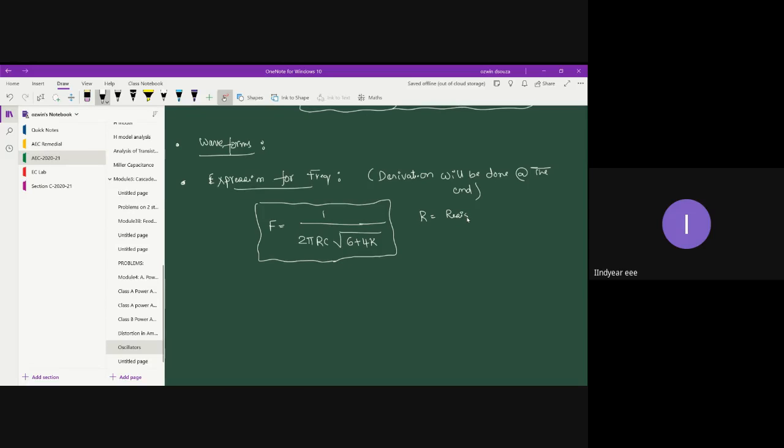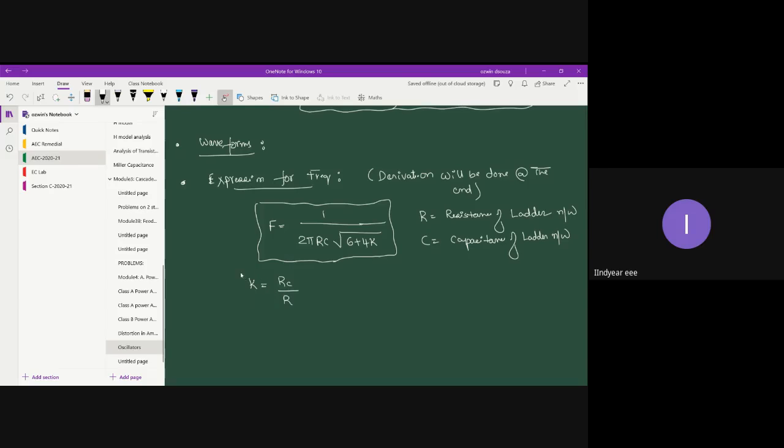So this is the expression for frequency of RC phase shift oscillator, where R is the resistance of the ladder network. What is the ladder network? The feedback network. C is the capacitance of the ladder network, and k is the ratio of RC by R, taken as a constant value k, because ohm by ohm is dimensionless.